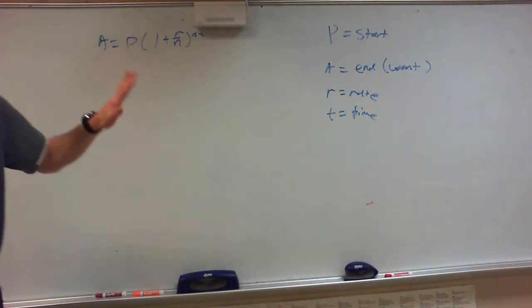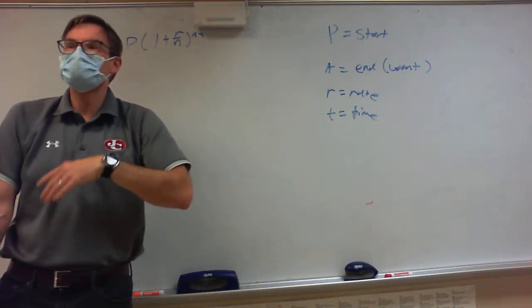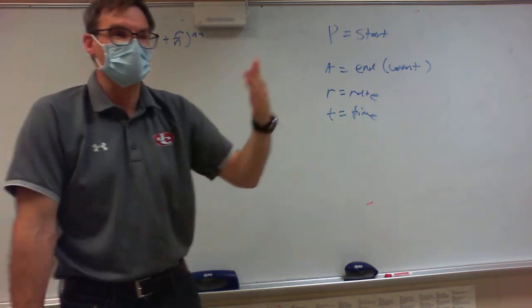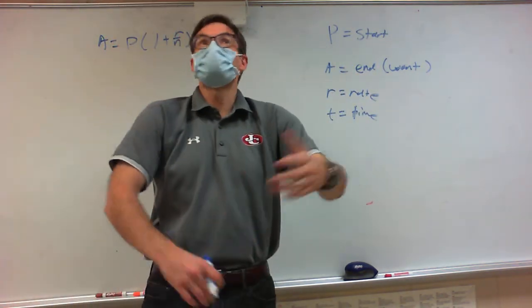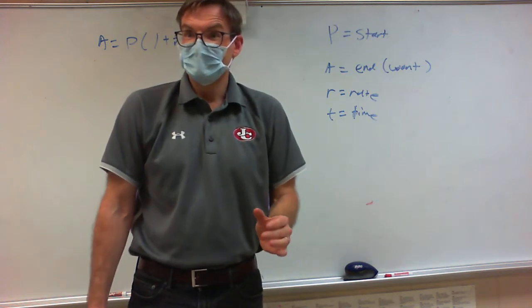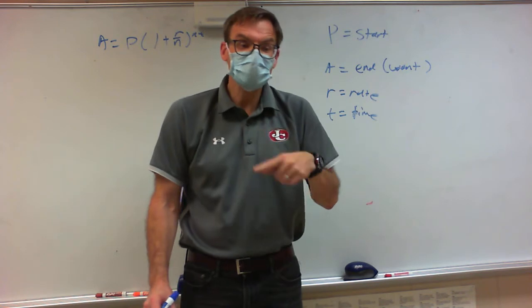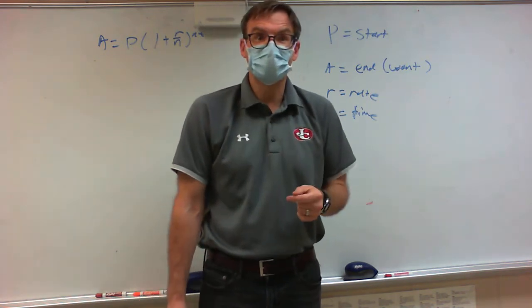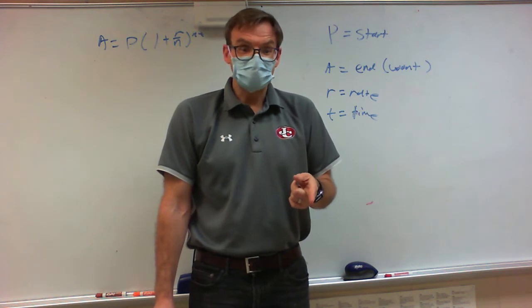Now, when I gave you these problems, N could be sometimes you compounded once a year, sometimes twice a year, sometimes 12 times a year, sometimes 240 times, right? And what did you notice? The more times you compounded, did you get more money? Yes. You always got more money, right?